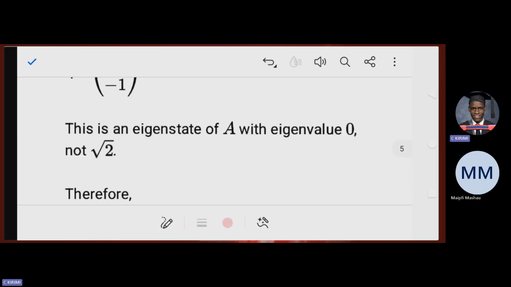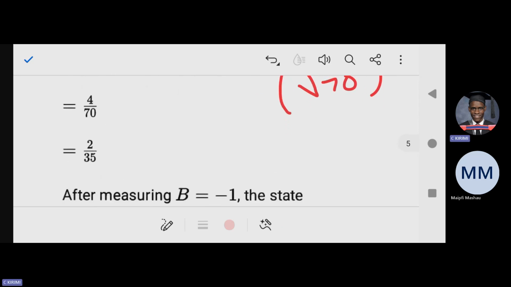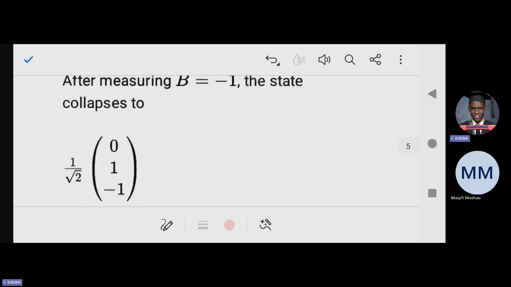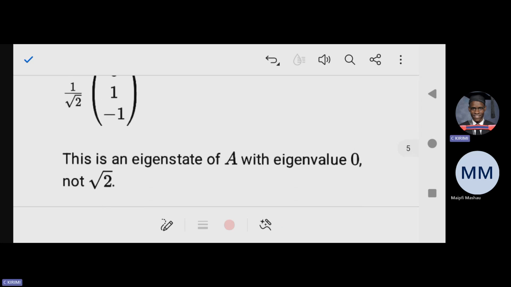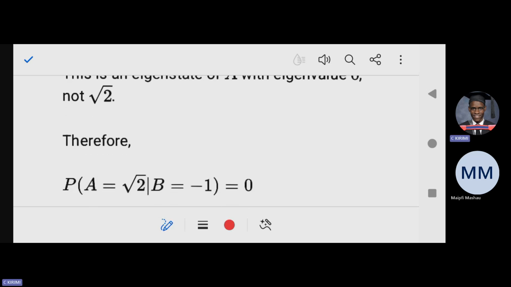So here we are saying after we have found our value of probability of getting a B, which is 2 over 35, then after measuring B, the state collapses to this eigenvalue which we're having for B. So this is an eigenstate of A with an eigenvalue 0, and it is not having an eigenvalue of 2. Therefore, remember we were told that A must be equal to root of 2.